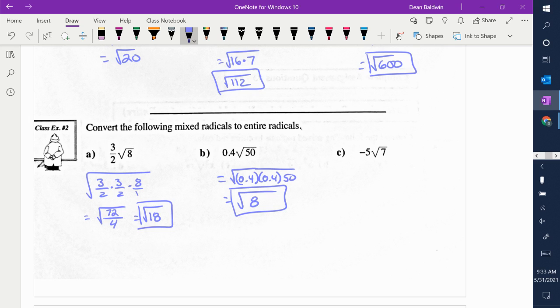I can put the 5 in, so I'm going to rewrite this as the negative 5 times 7, which is negative root 175. Nope, you have to leave the negative on the outside. Don't put the negative in at all. Okay, is that okay?